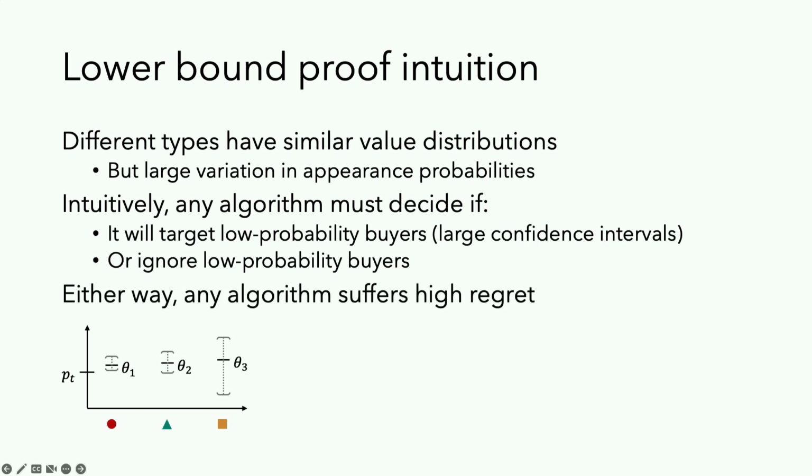Either way, at these two extremes, the algorithm suffers some high regret. We show that no algorithm can do better than these two extremes, and these two extremes incur the regret from the previous slide.